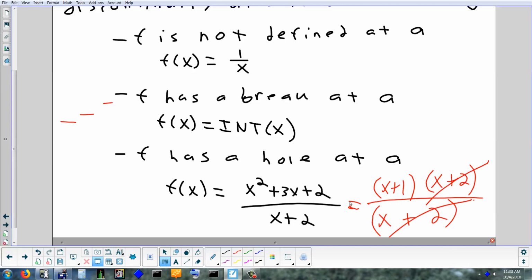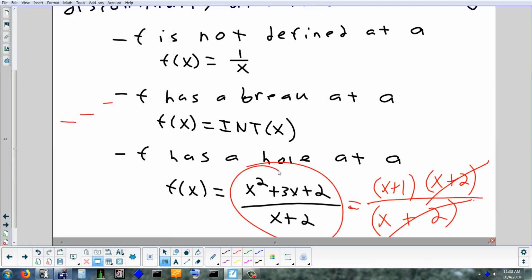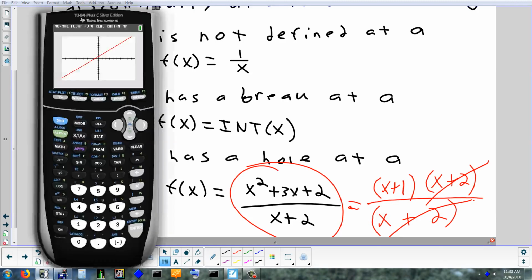Because they cancel out, the graph that I just typed in is going to look exactly like the graph of what's left, x plus 1. Watch it on the screen. It traced right over it. The difference between them is that the graph here has a very, very small hole in it. You can't see it. The graph of x plus 1 doesn't.